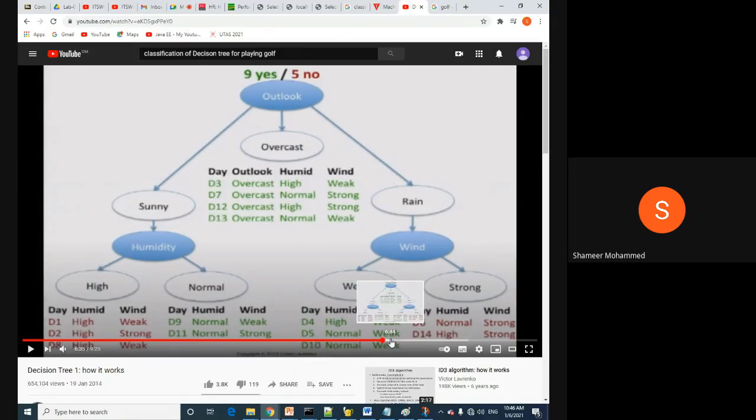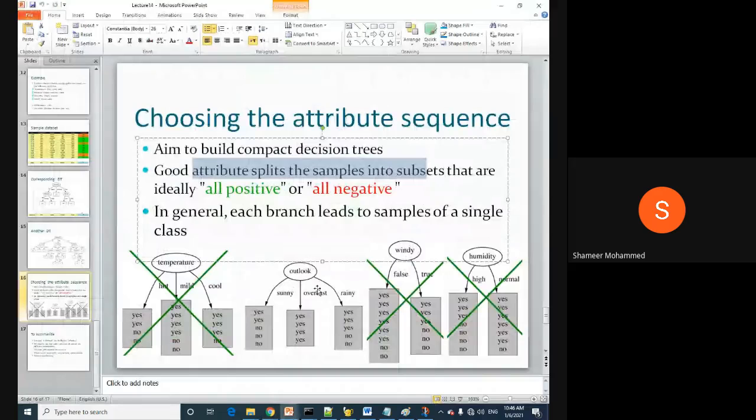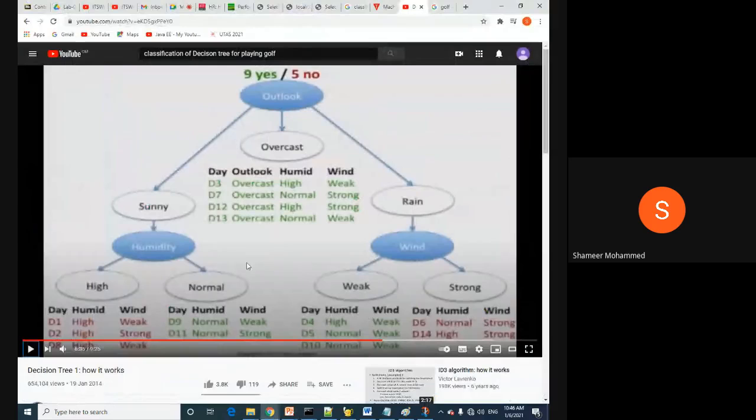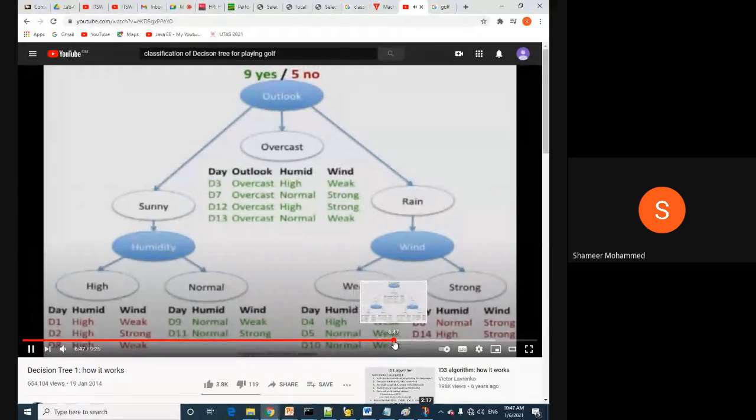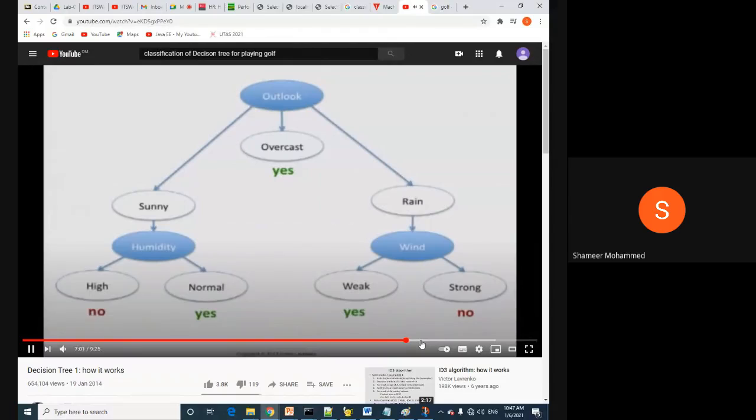So overcast, so what is this one? Outlook. So why they took this one is because of those calculations, that value is coming out good. So that is why that formula is coming into the picture there. How you will take the decision.